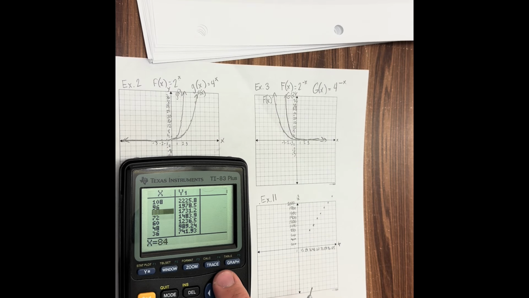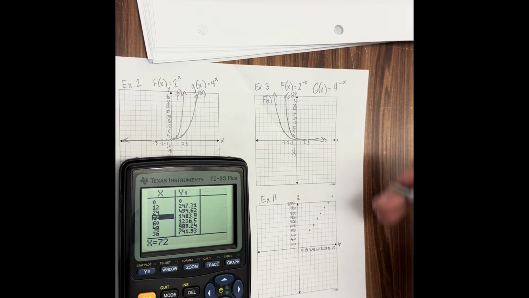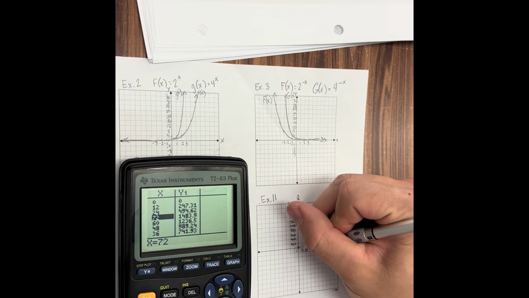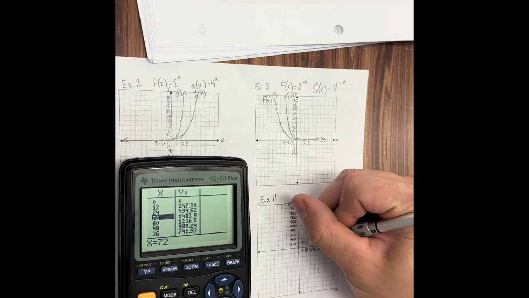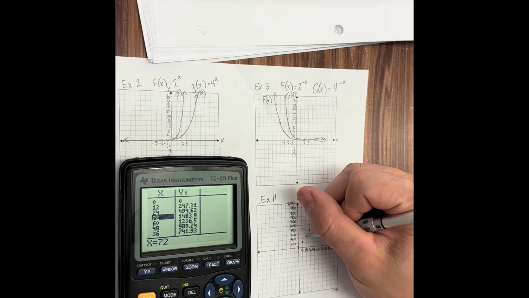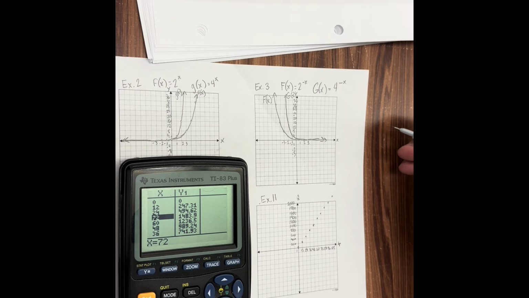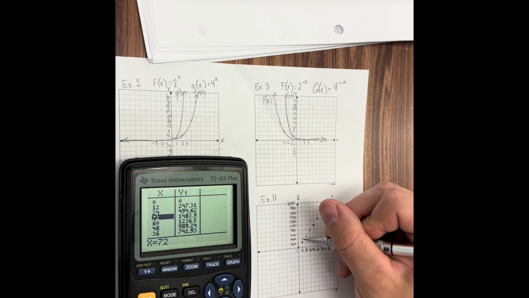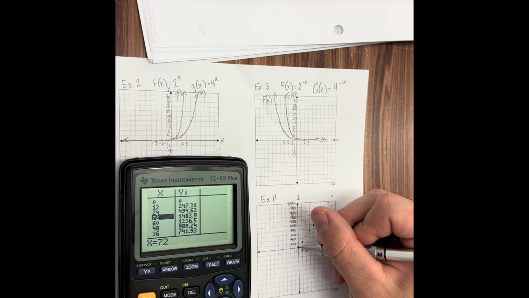And now we just need 0, 12, 24. And then we'll have it. So 0, 0. 12 is at 247. 24 is at 494. So it actually looks pretty linear here. And then we just have to connect these dots.